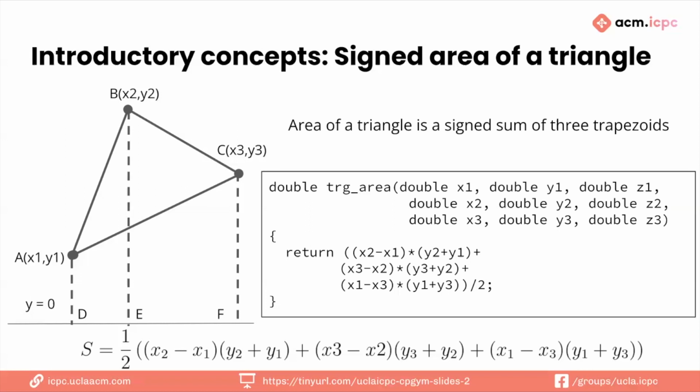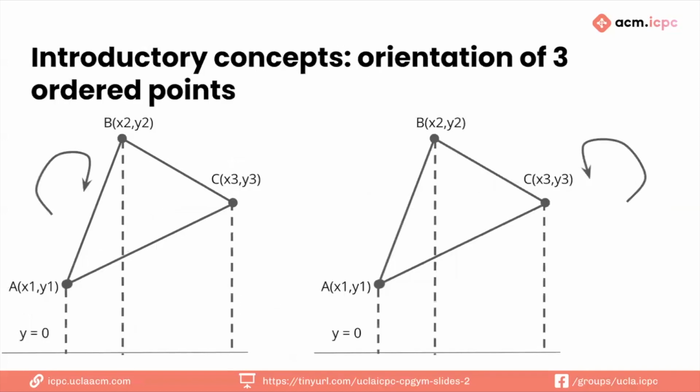Any questions so far? So as you will see, this formula, this area, is actually very important to the next concept that we are going to talk about, which is the orientation of 3 ordered points in the plane.